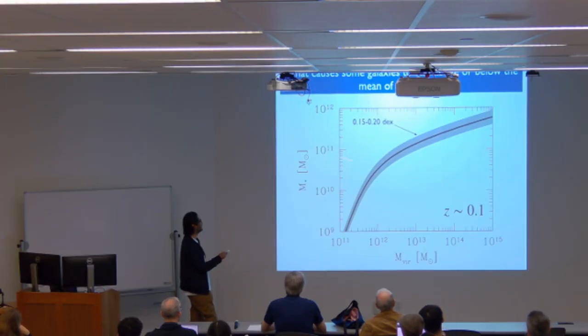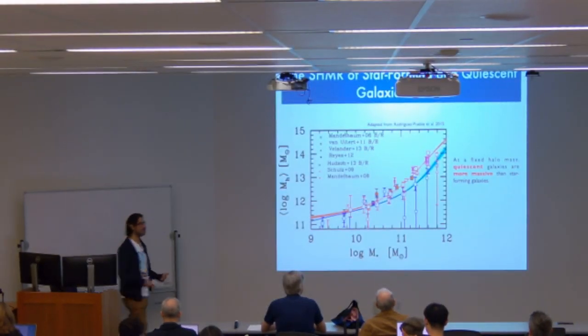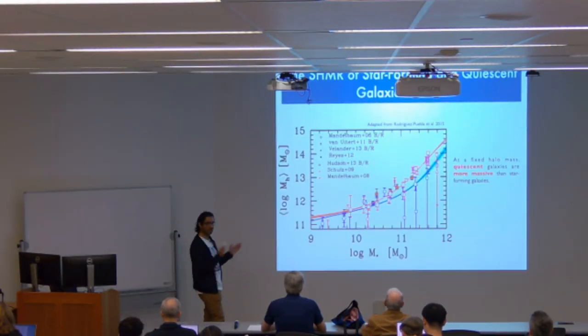The fact that we have this scatter around this relation, now I'm showing the stellar mass versus the halo mass. For a given stellar mass, what causes there to be different galaxies? Well, there have been some works, and now this is very important, I'm plotting here the halo mass versus the stellar mass.